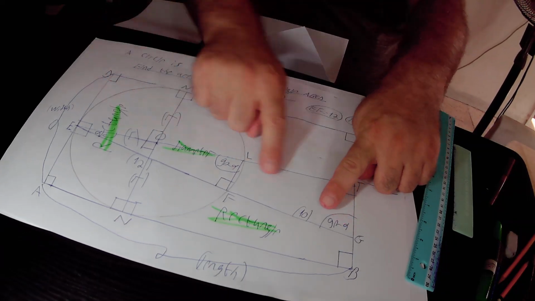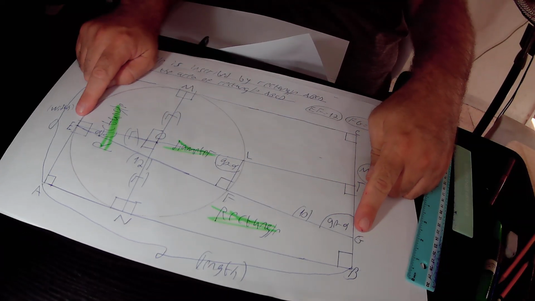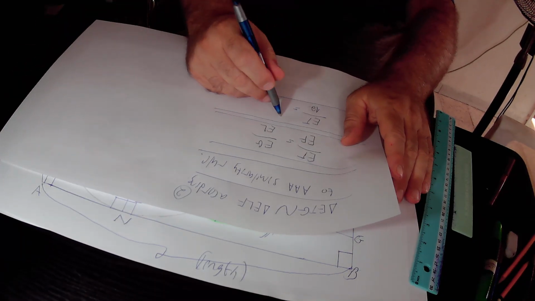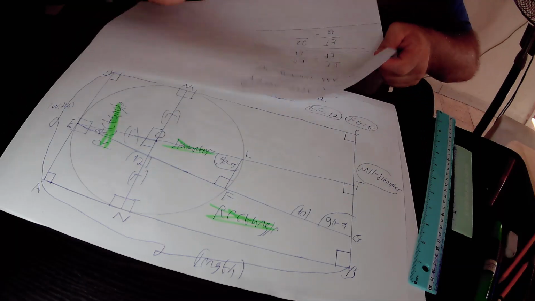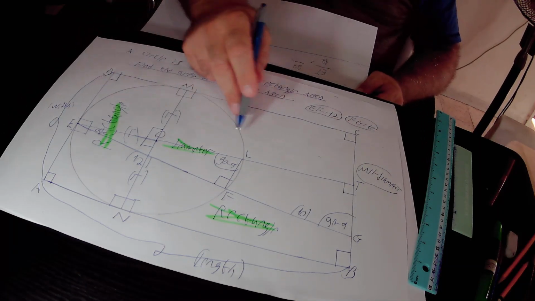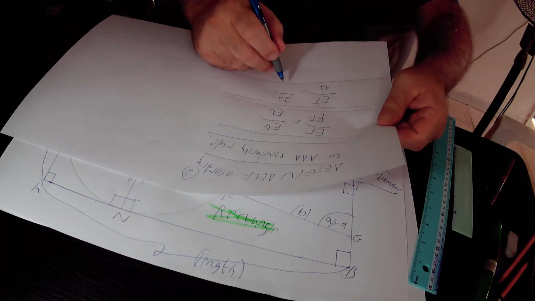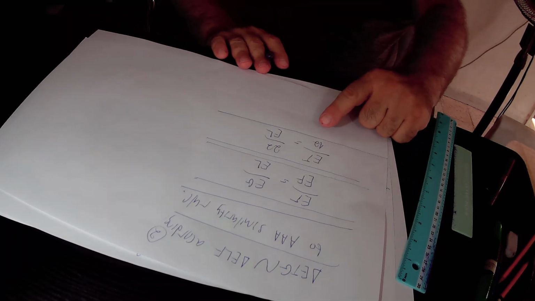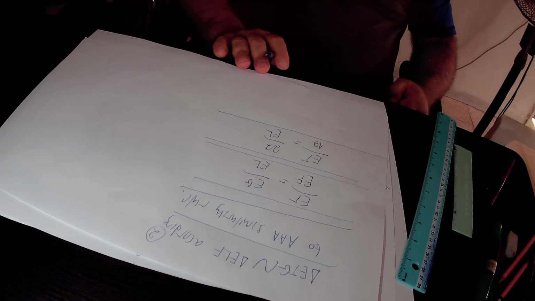EG in total equals 12 plus 10, that is 22. Over EL. EL is the missing side, so leave it as it is. So in total, we found that ET over 12 equals 22 over EL.